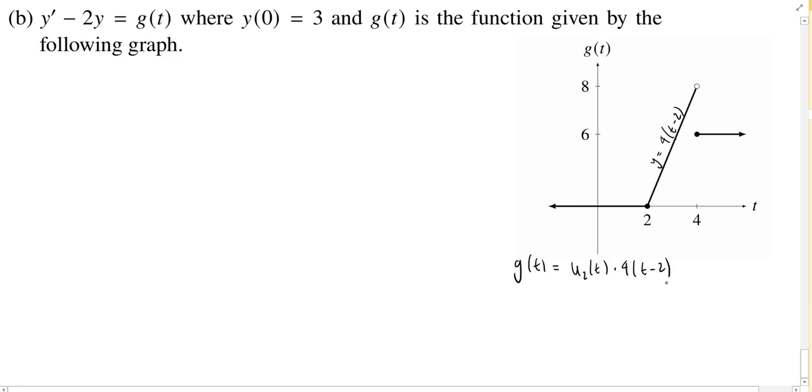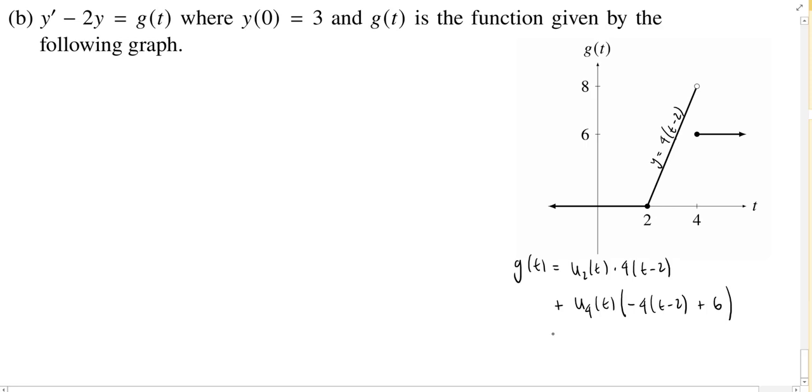Now, what's going to happen when we get to 4? At 4, we're going to turn something else on or off. First, we want to turn off this line segment that we have going up, so we'll do a minus 4 times (t minus 2). Then we also want to turn on this constant function, which has height 6, so we'll add 6.